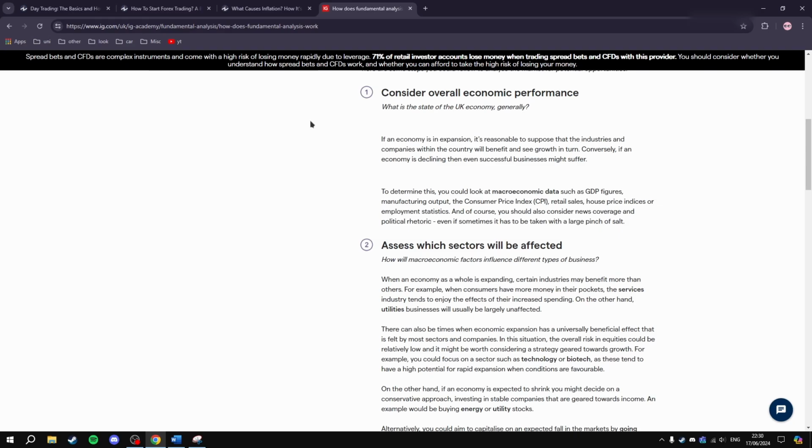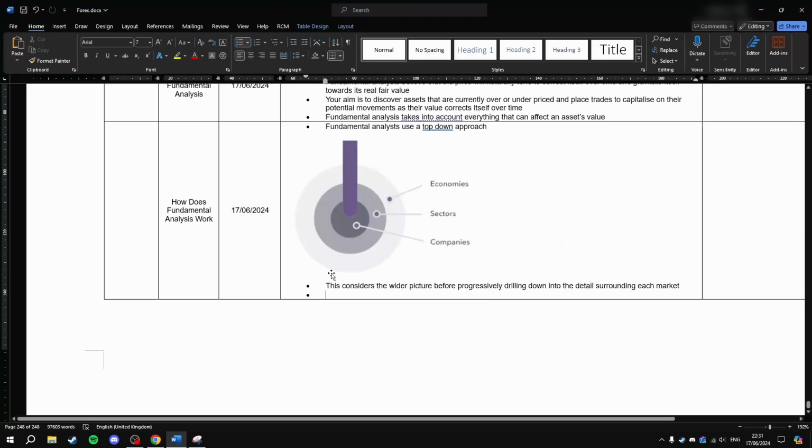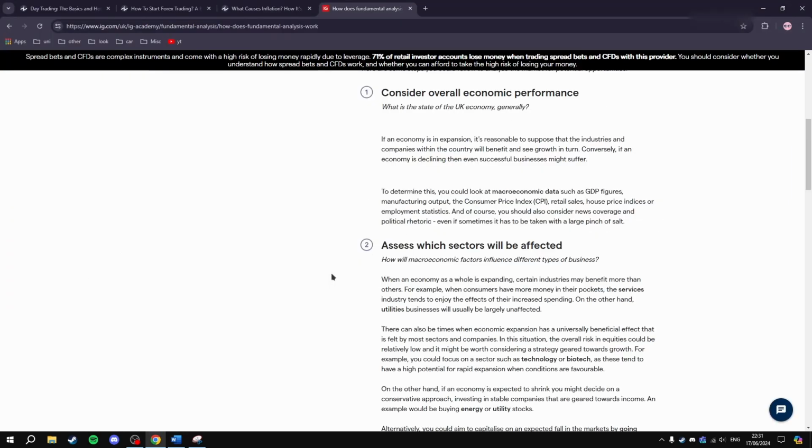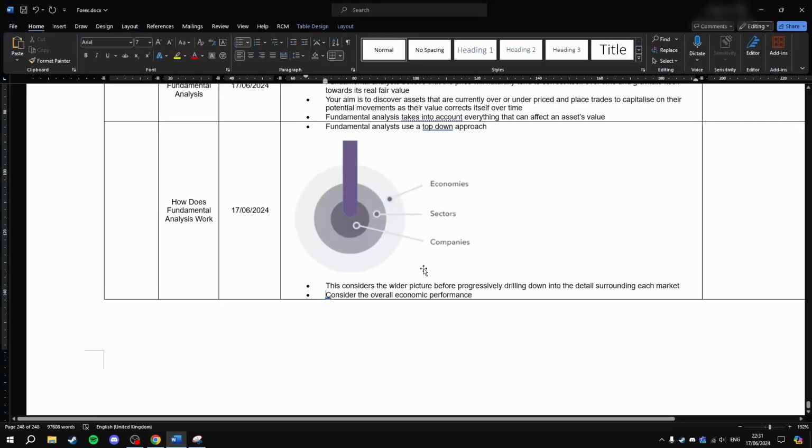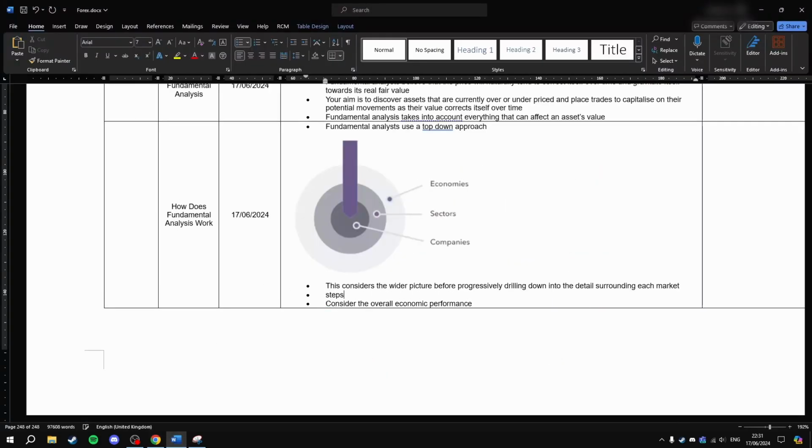So consider the overall economic performance. Steps to analyze the market for potential opportunities.